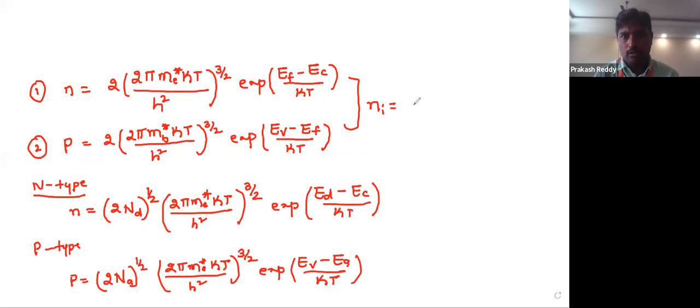By equating the two, we are finding the equation for Ni. We derived the equation for EF for N-type semiconductor differently, and here also the equation for EF is different, in terms of donor concentration and acceptor concentration.